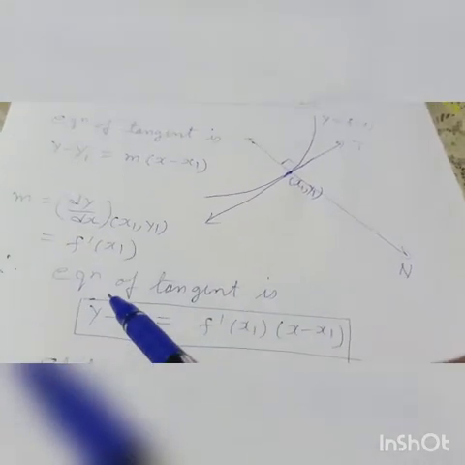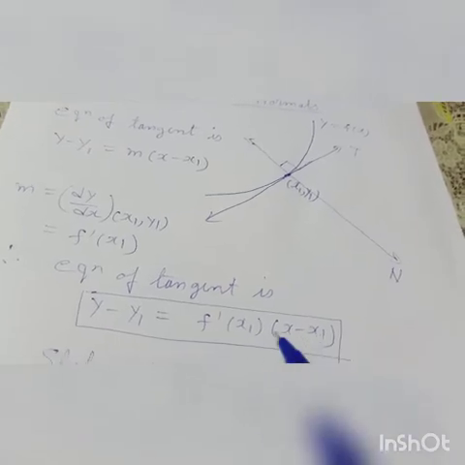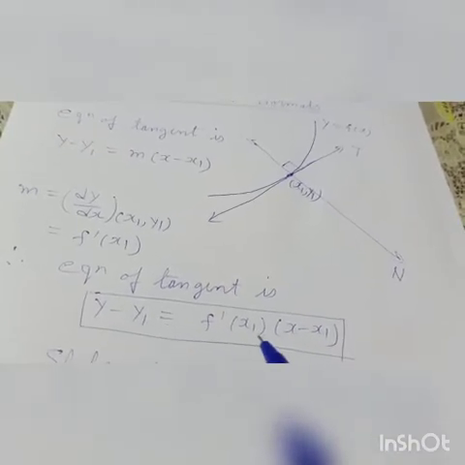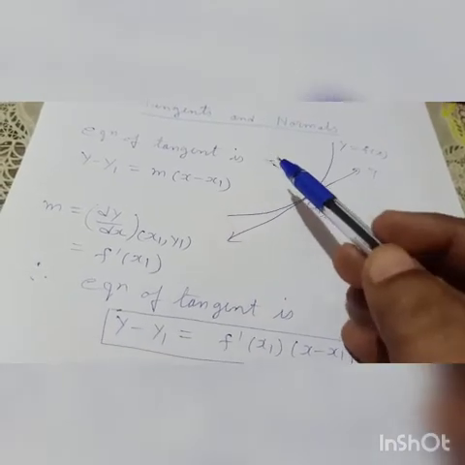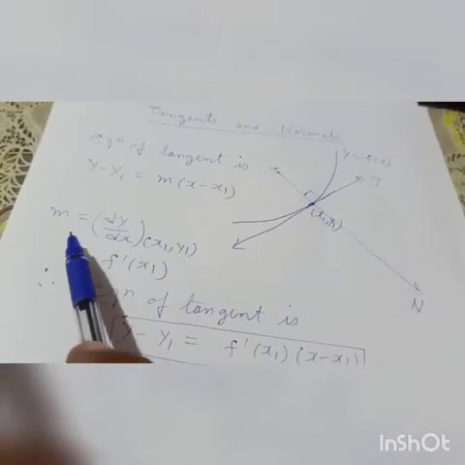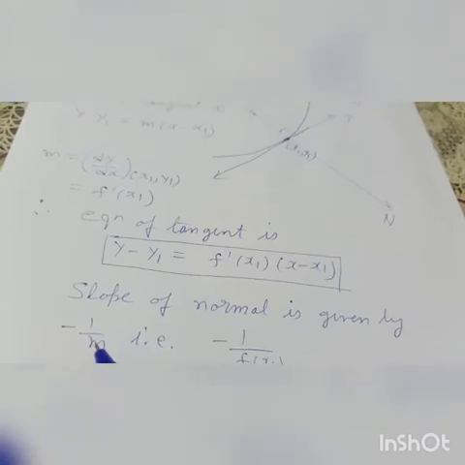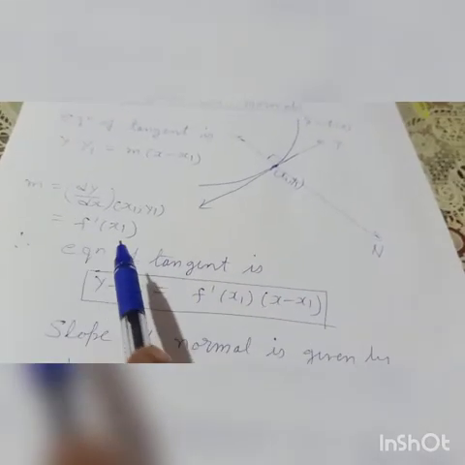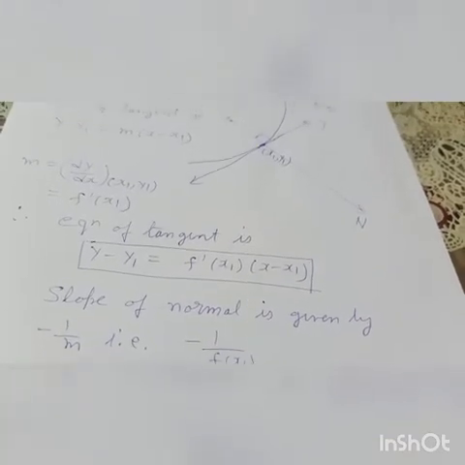So we will get the equation of the tangent as y minus y1 equal to f dash x1 into (x minus x1). This is our equation of the tangent. Now since we know that the tangent and normal are perpendicular, if the slope of the tangent is m, then the slope of the normal is given by minus 1 by m, and since m equals f dash x1, this equals minus 1 upon f dash x1.